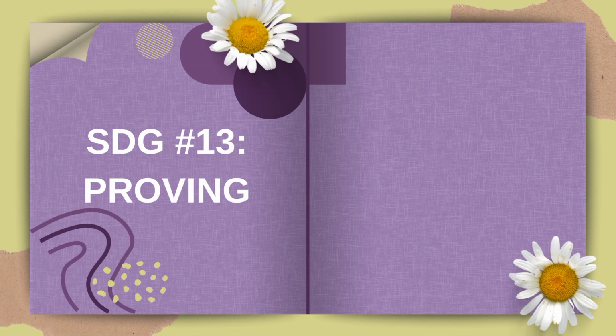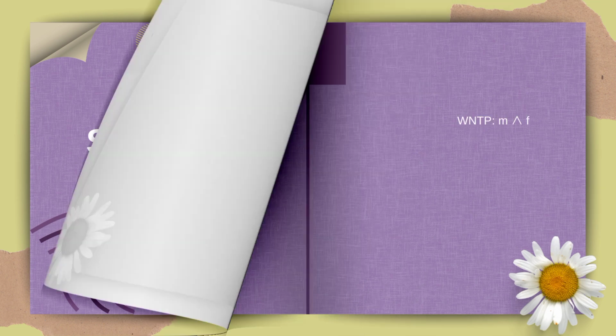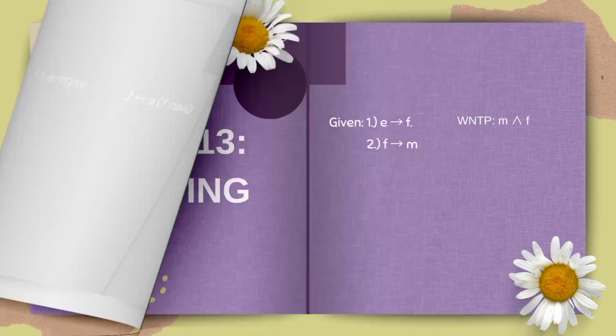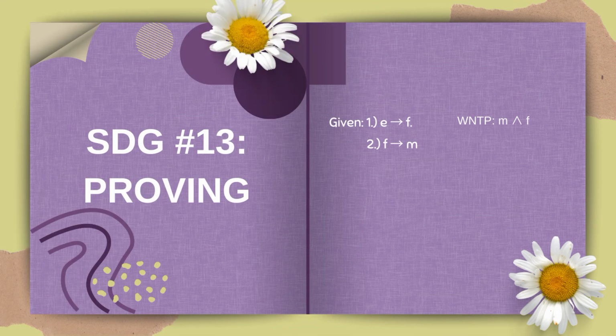Lastly, we need to prove SDG number 13, climate action. We need to prove M and F. The given are number 1, E implies F. This is the first premise. Second is F implies M. This is the second premise.